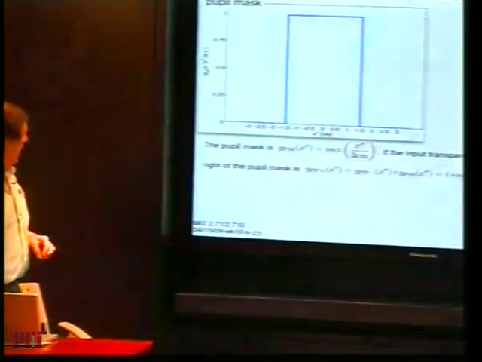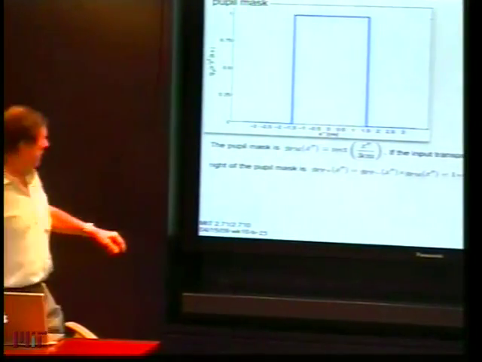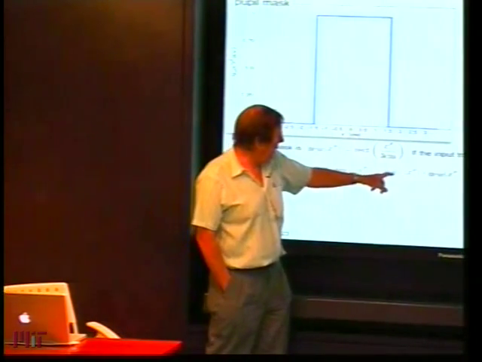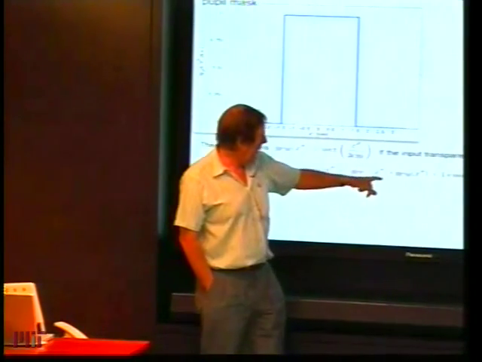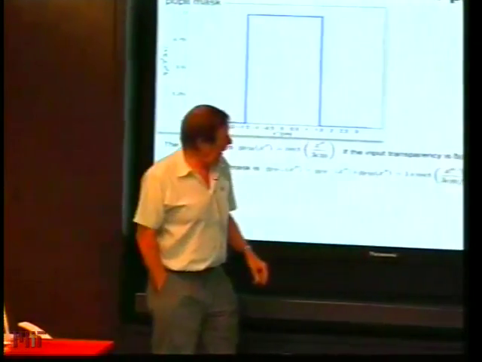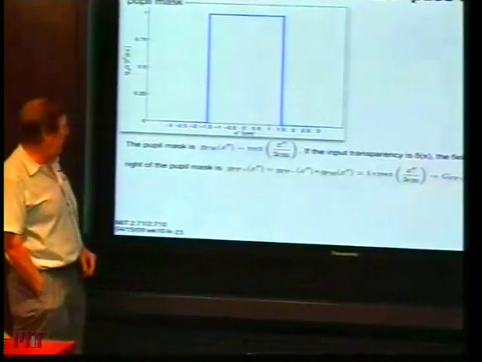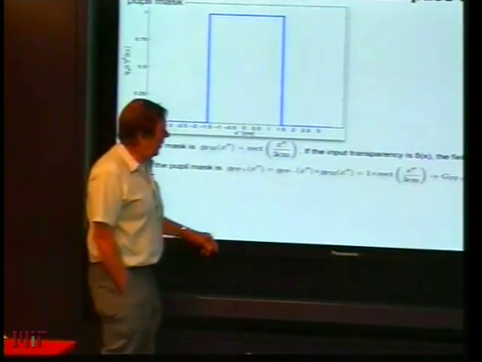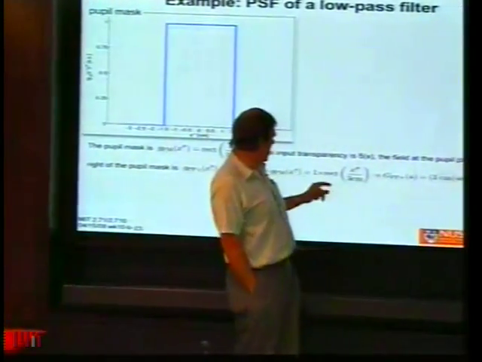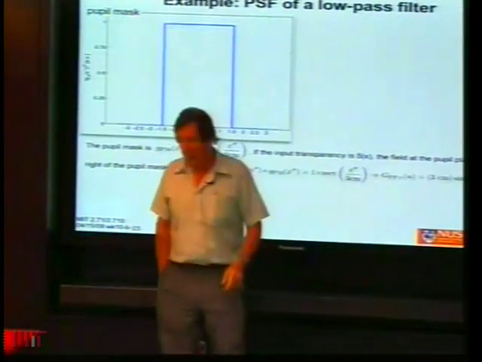If you then Fourier transform that, you find that the point spread function is going to be the Fourier transform of this, which is just a sinc.